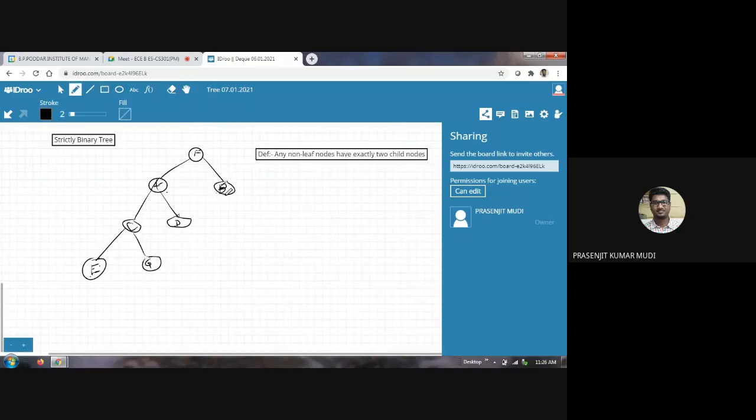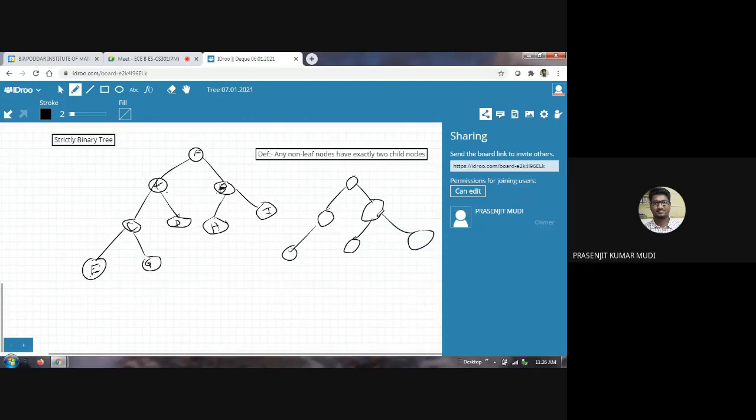You can also have here H and I. So this is a non-leaf node having exactly two child nodes, and these two are leaves. So which one is not a strictly binary tree? This is not a strictly binary tree.